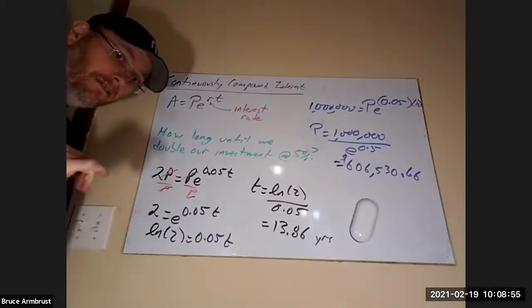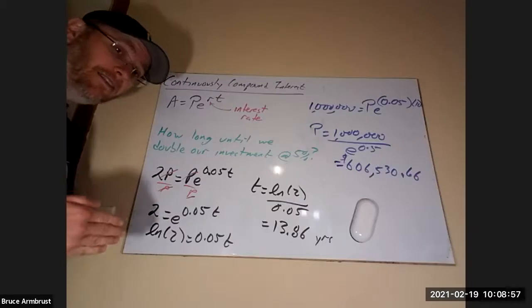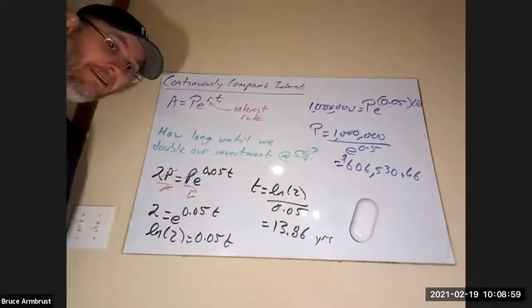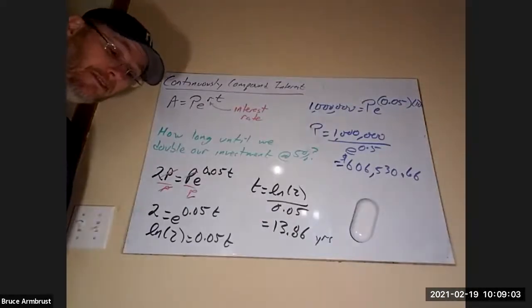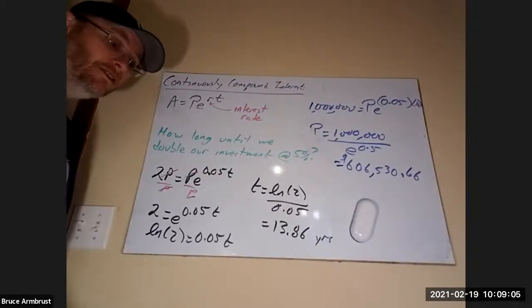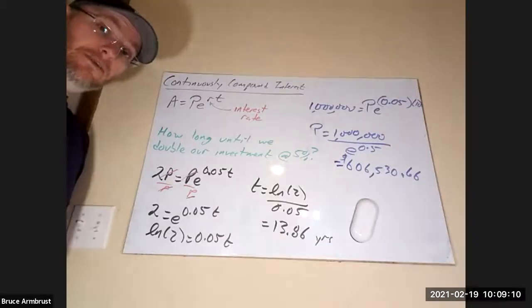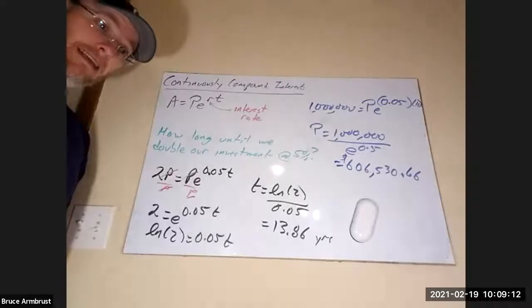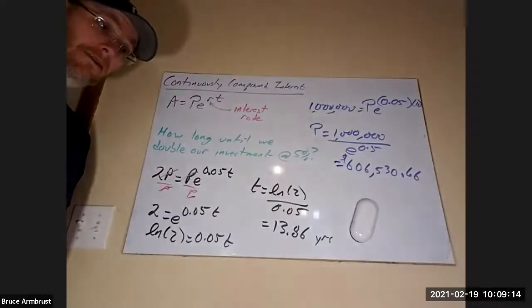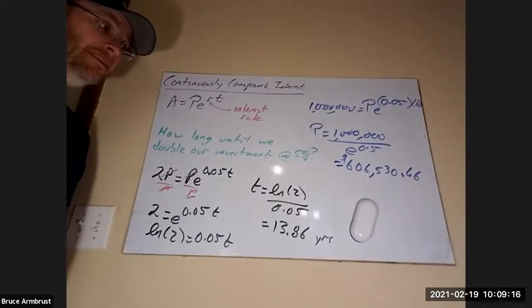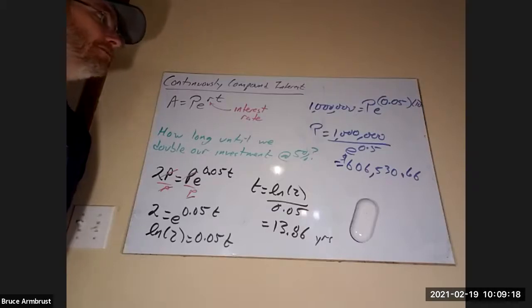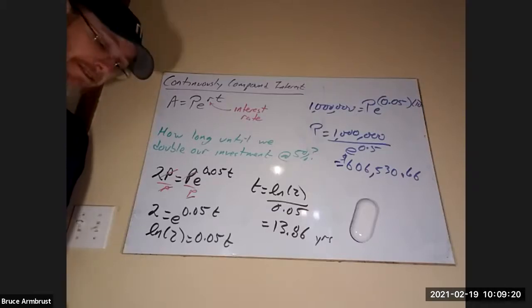So we're still doubling the same amount of time, but obviously the other one is better. You just made $1 million over 13 some years as opposed to $1,000. So the actual amounts depend on how much you're starting with, but the amount of time it takes to double is always going to be the same. So there's a little bit about continuously compounding.